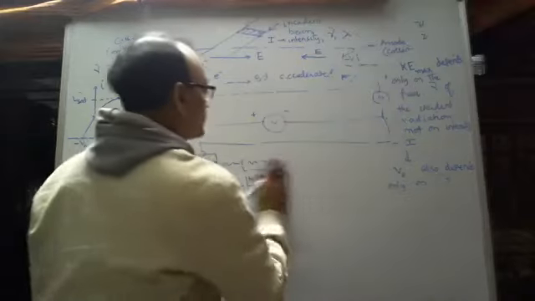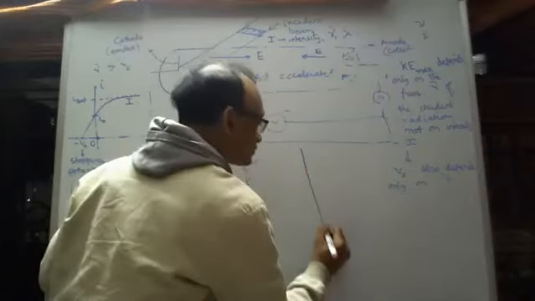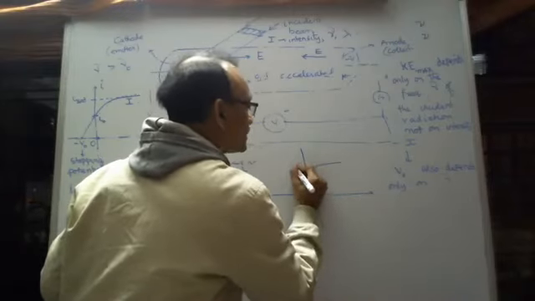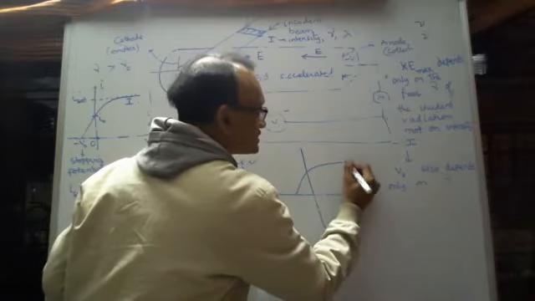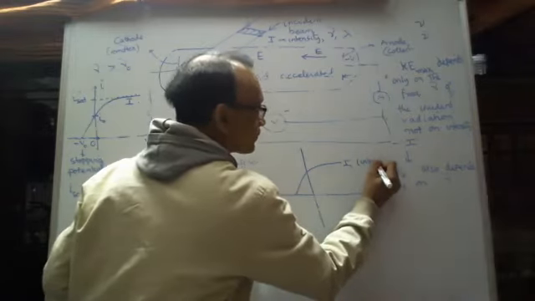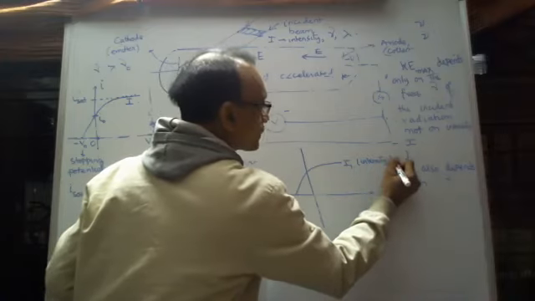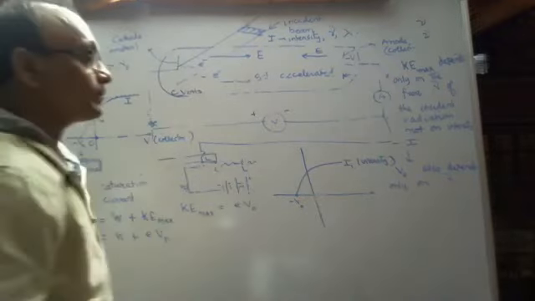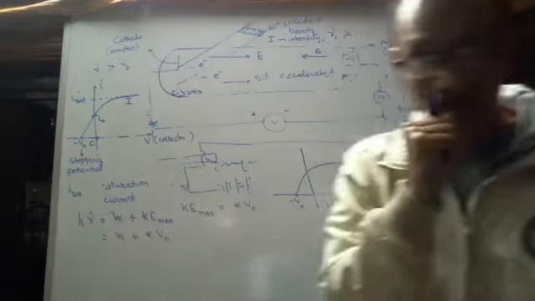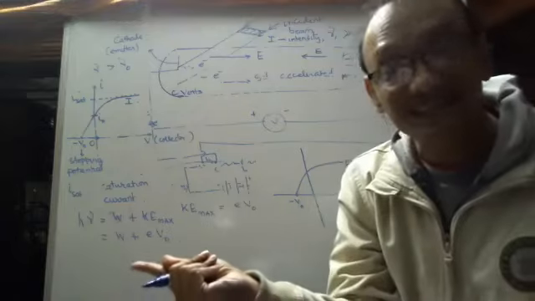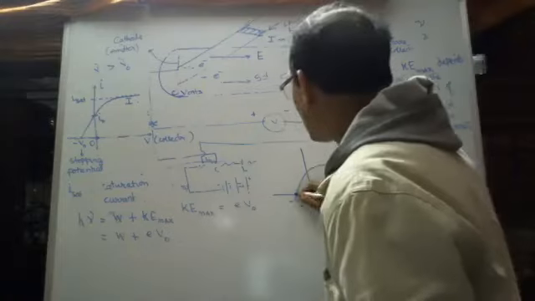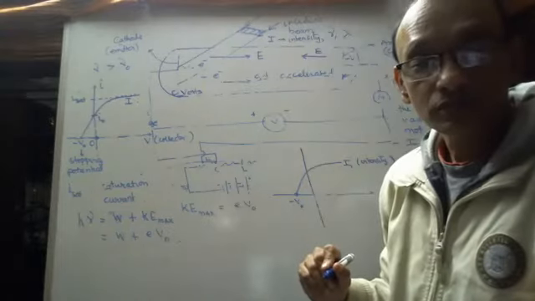So now what you have to understand is, suppose this is my saturation current for intensity I1. This is my stopping potential minus V. Now I maintain the same frequency, but I increase the intensity. Will the stopping potential change? No, it won't.